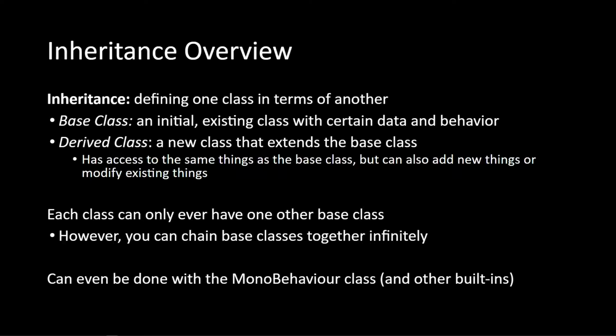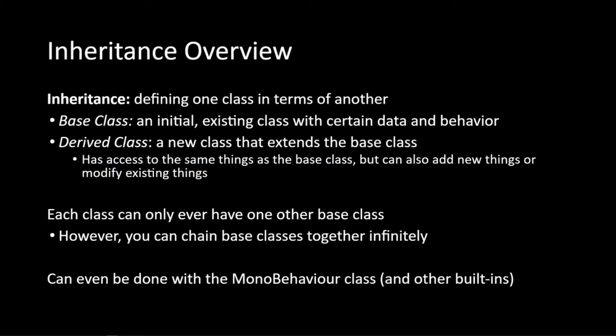You create the initial existing class that has certain general data and behavior, and then you can derive new classes from that base class that extend the base class in some way, right? It inherits all of the common traits and builds on it from there. You can add new things or modify existing things to make them more refined and so on.